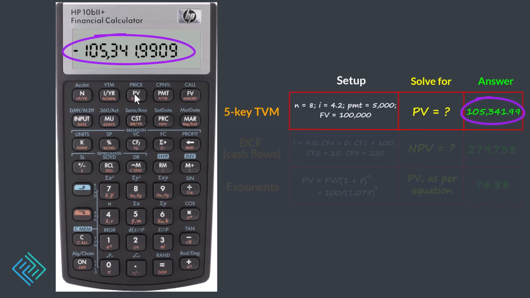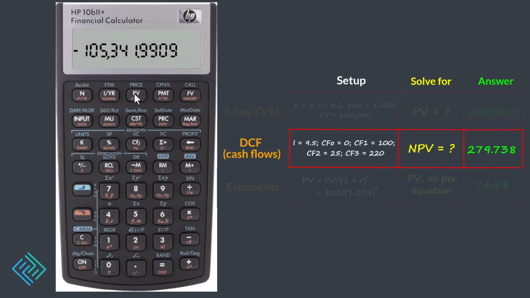To calculate NPV using the DCF functions, as usual, first clear all before doing anything. Notice the correct 1 per year flashing briefly onto the display. Then enter 9.5 into I/YR in the TVM section as your discount rate for the cash flows.